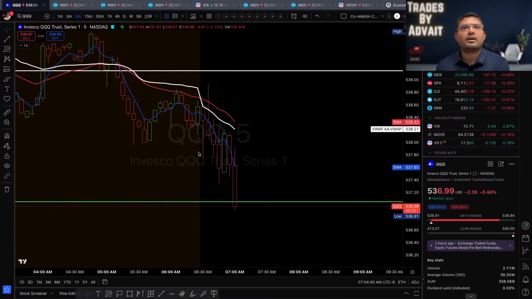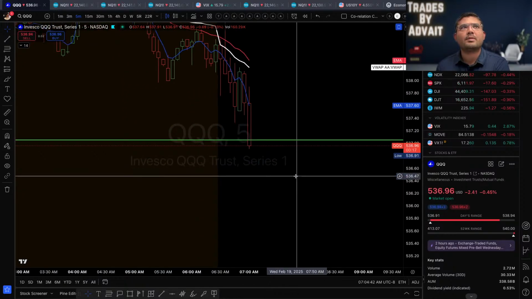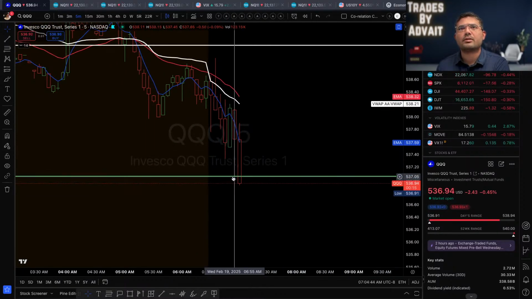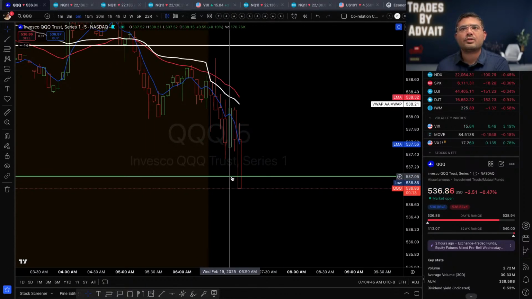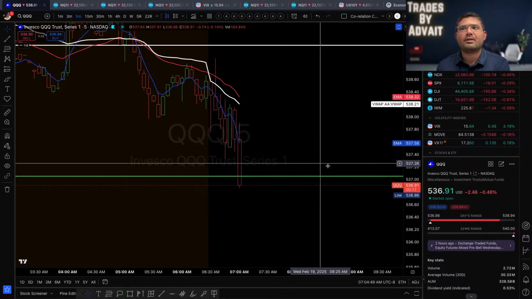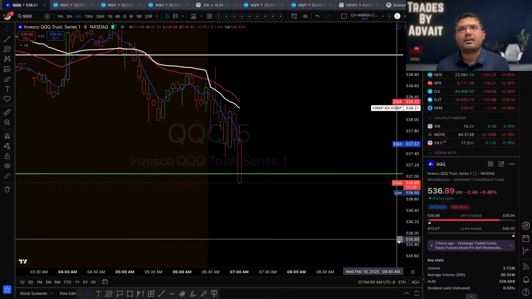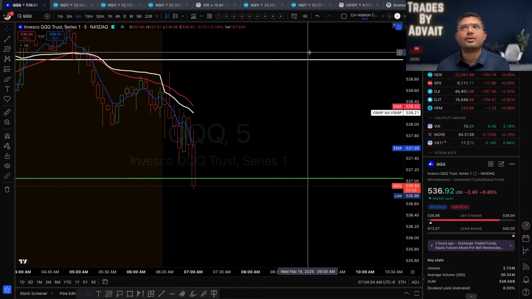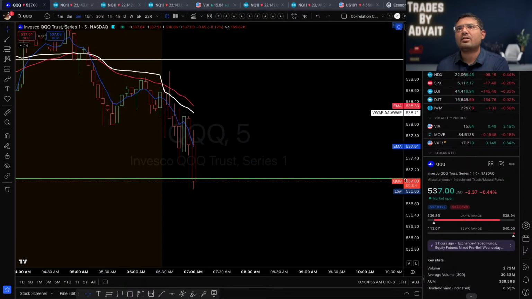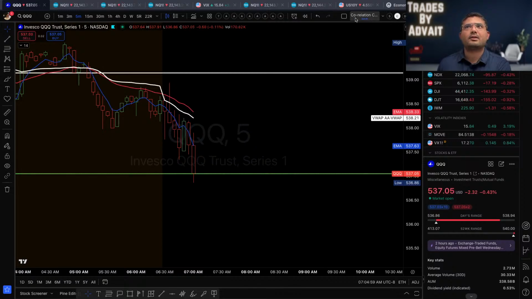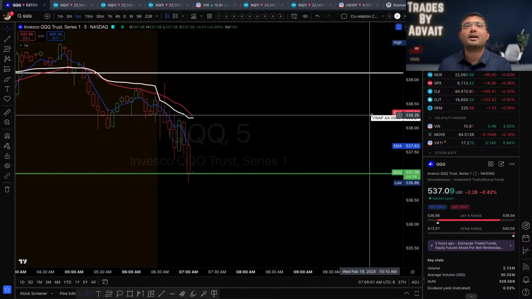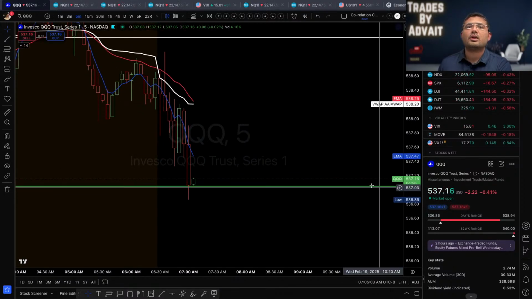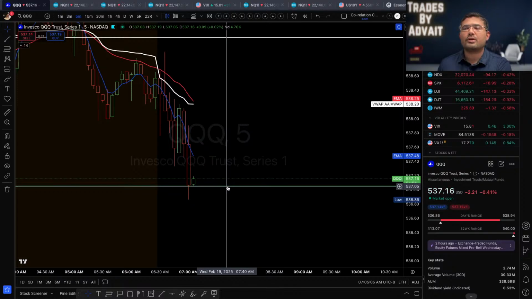At the same time, let me show you what QQQ is doing. QQQ has approached the support level at 537. This is the first S1 support of the QQQ. The reason why I track QQQ while trading the Nasdaq contract is that both of them are heavily correlated, so the levels would be very important to watch.